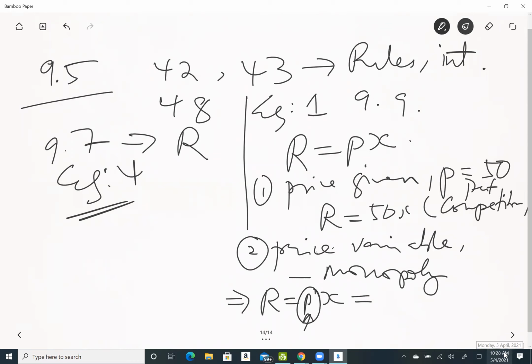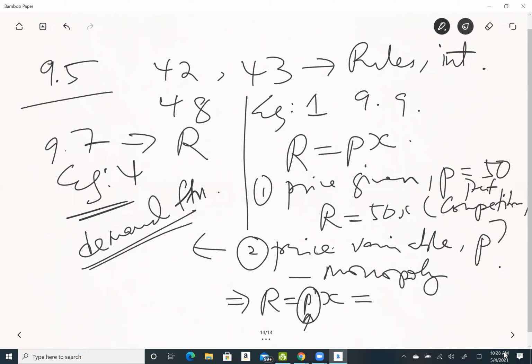Now what is P? Okay, what is P? P is given by the demand function. Okay, so you will know P by the demand function. So if you look at that example number 1 in 9.9, you are given what? You are given the demand for the product is equal to what?